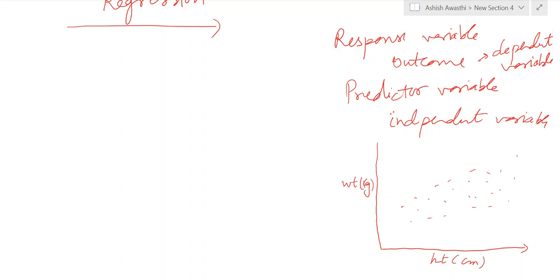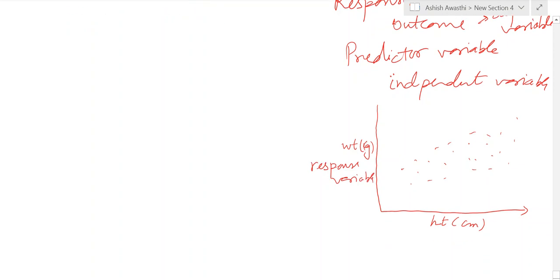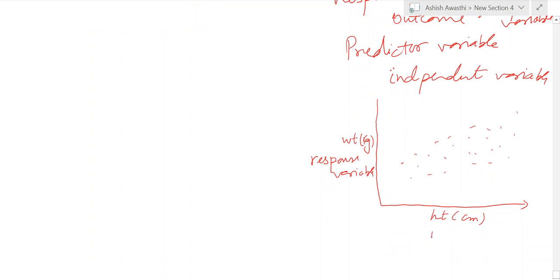It must be noted that your response variable is always plotted on the y-axis, and your independent or predictor variable is always plotted on the x-axis.